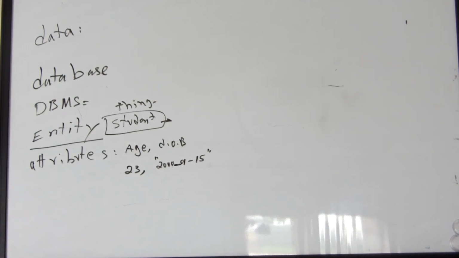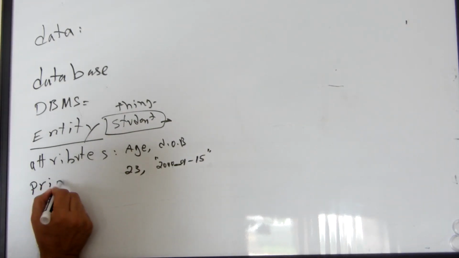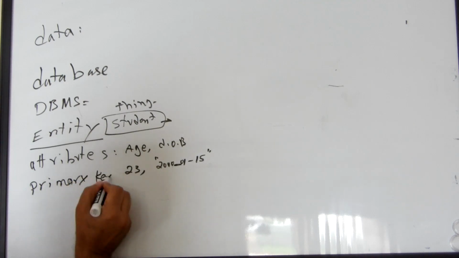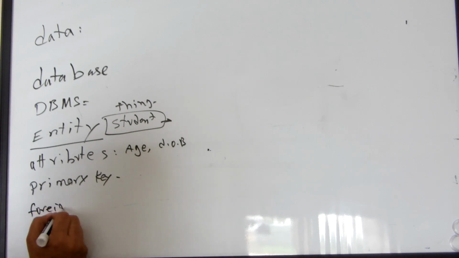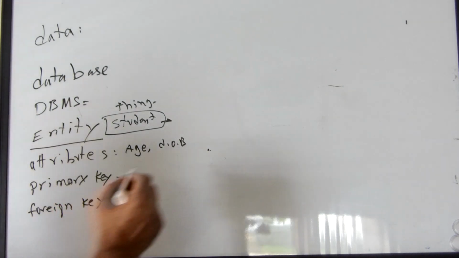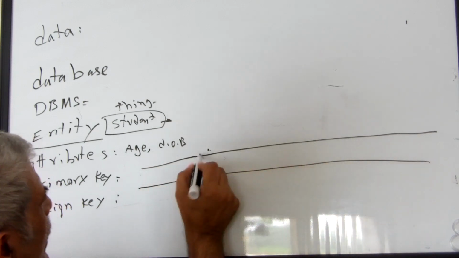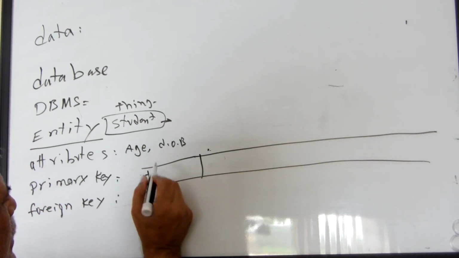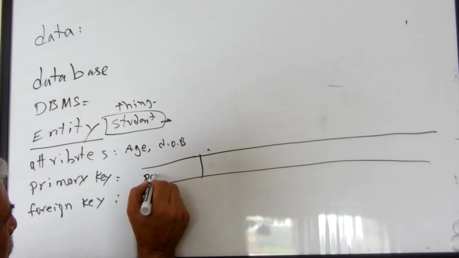What I'm going to talk about right now is primary key, and then foreign key. See, in the table we talked about, we have a person, for example. The person is an object.